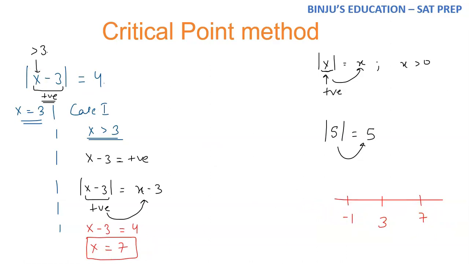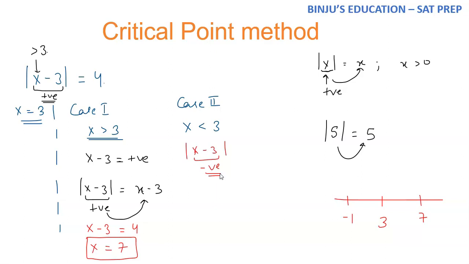Alright. Now let's take the other case which basically confuses us. So I'm going to take the second case, which is when x is less than 3. This you need to understand carefully. Now when x is less than 3, can I say x minus 3 will be negative, yes or no?